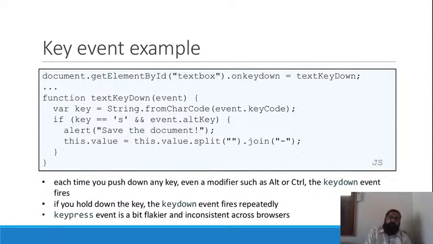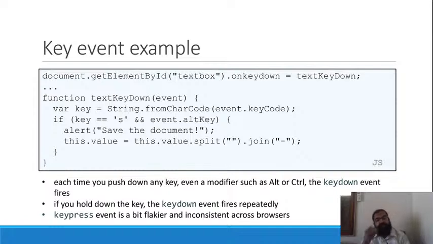So we have a text box, and on key down you will have the text key down event handler. It takes the parameter event, gets the key code from event.keyCode, and converts it into a character using the String library. Then you have the key.